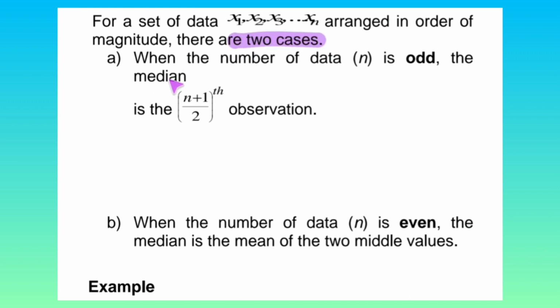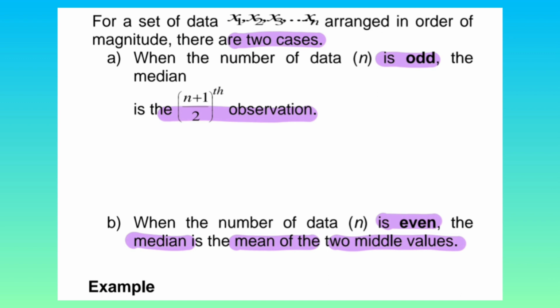A, when the number of data n is odd, the median is the (n plus 1) over 2 observation. B, when the number of data n is even, the median is the mean of the two middle values.